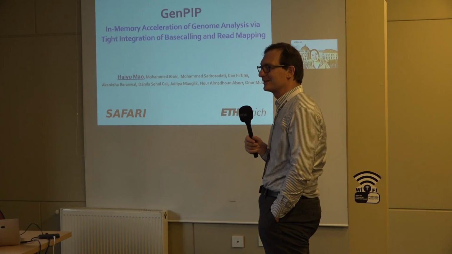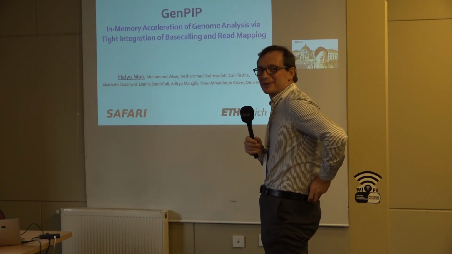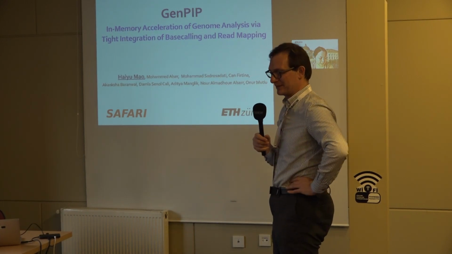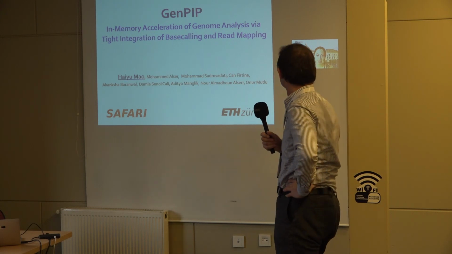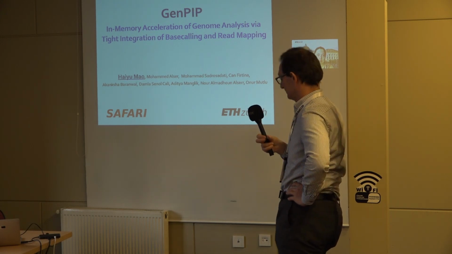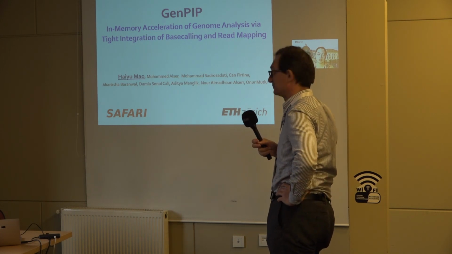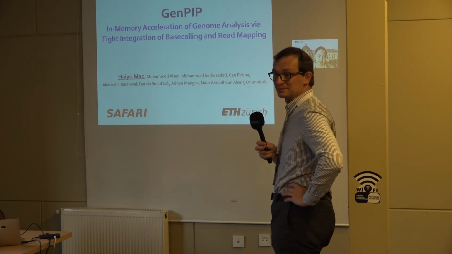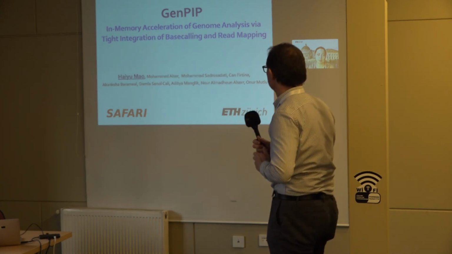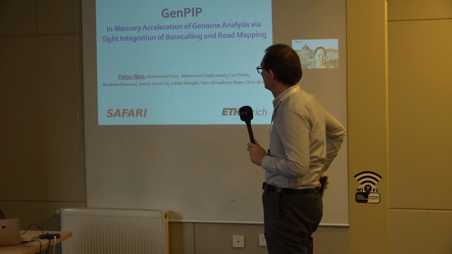It's actually a very good question. Read mapping is kind of a necessary step if we want to get some information from the genome analysis. We also have variant calling, but it's not as necessary.